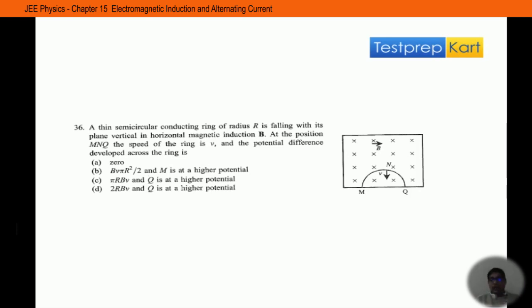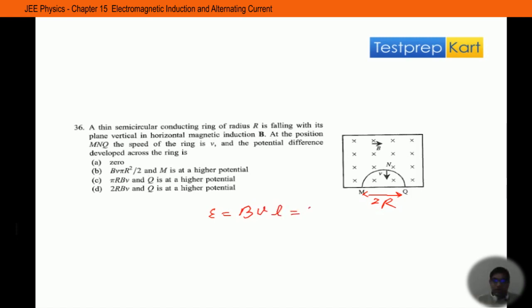So look, the ring is moving with velocity V, the magnetic field is B, and if the radius is R, then the effective length of this loop will be 2R. So we can first apply the concept of motional EMF, that is E equals BVL, where L is equal to 2R.